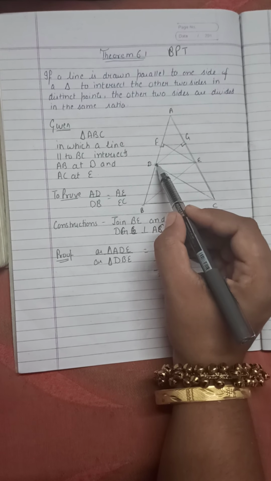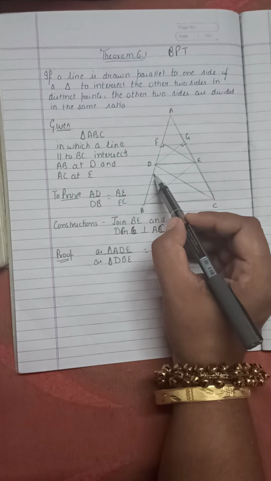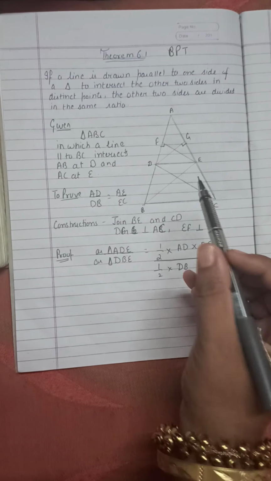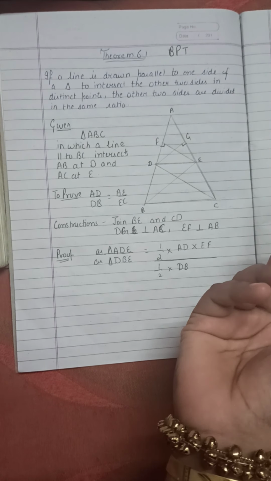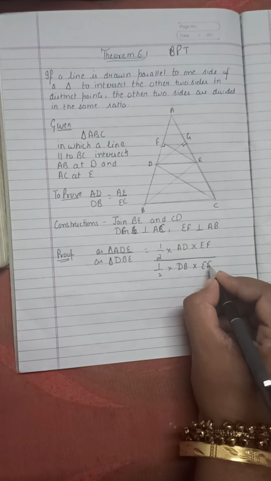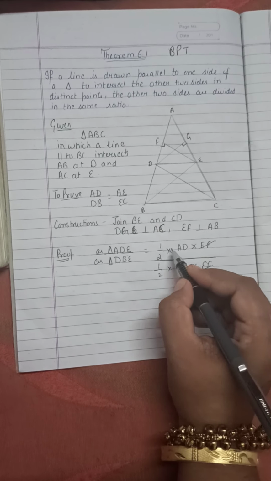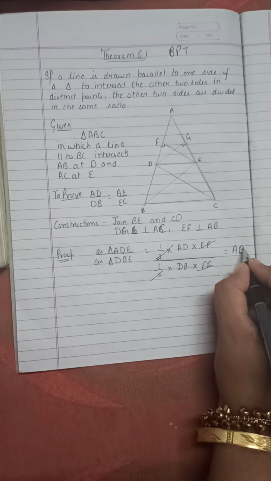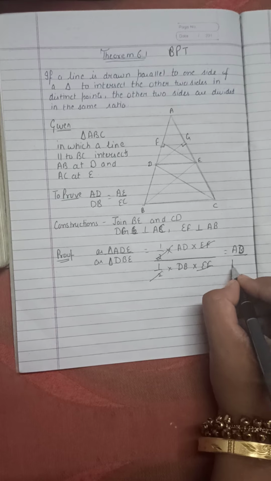You can see that this is an obtuse angle triangle. In the case of an obtuse angle triangle, the perpendicular will lie outside the triangle, that is EF, and there will be one perpendicular always. So multiply by EF. Now you can see that EF cancelled out, half cancelled out, and we will be left with AD upon DB.